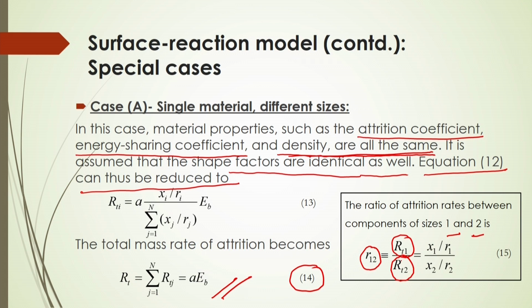It is represented by small r 1 2, and it is simply x 1 by r 1 over x 2 by r 2. Here x 1 is the mass fraction of component 1, and r 1 is the size of component 1, and x 2 is the mass fraction of component 2, and r 2 is the size of component 2.